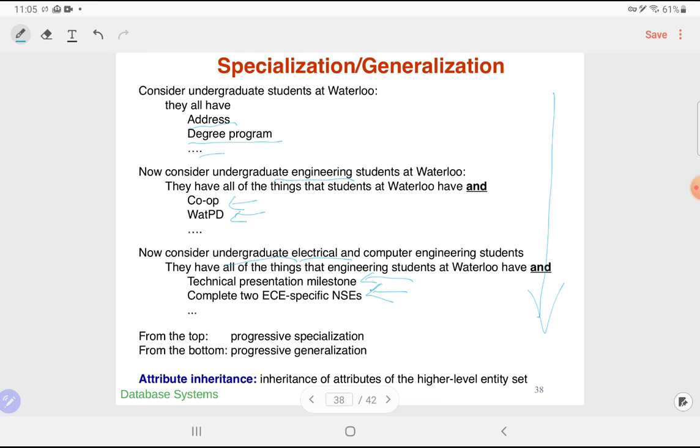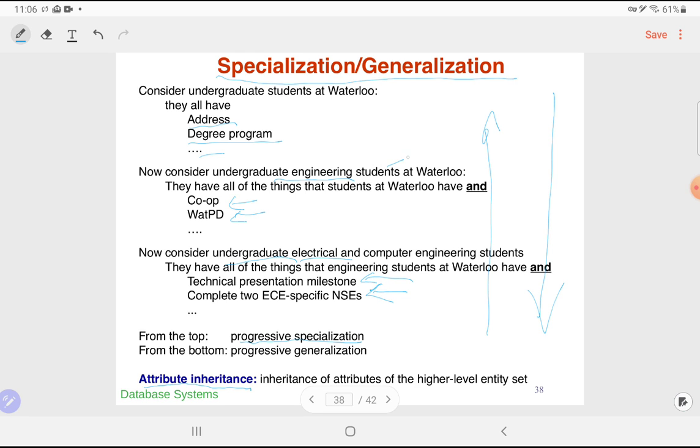Going down, progressive specialization. Going up, progressive generalization. These two are just different names for the same thing. Broadly speaking, there is the concept of what is called attribute inheritance, which is the inheritance of attributes of the higher level entity set.